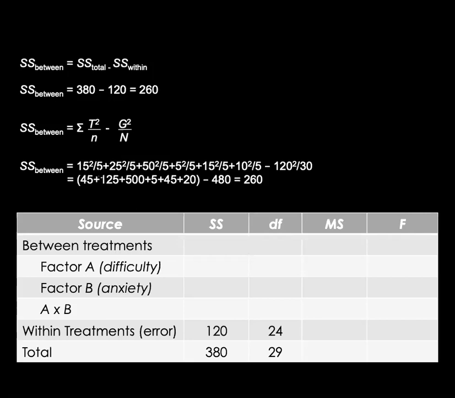So 15 squared over 5, and then add that to the next T and n. 25 squared over 5, 50, and so on and so on. So here I'm adding up all the T squared over n, and then I'm subtracting G squared divided by big N. When you do those computations, you get 260, which is perfect. We want it to match what we computed up here, 260. We can put that in the box, sum of squares for between treatments, 260.